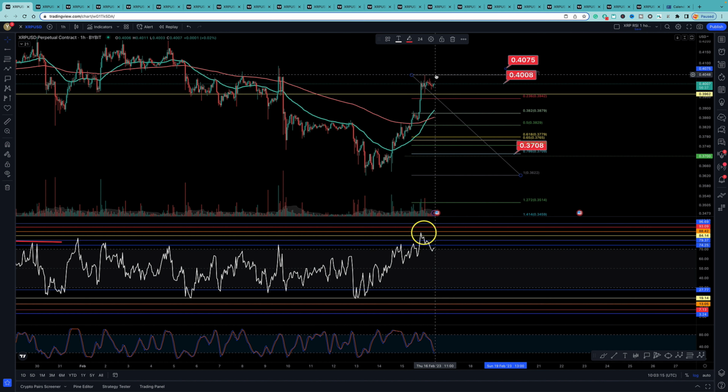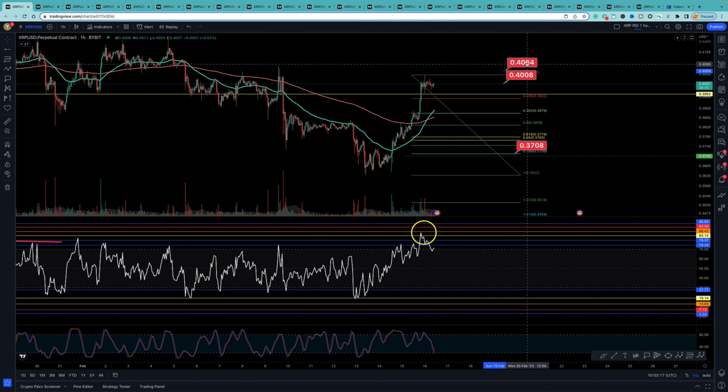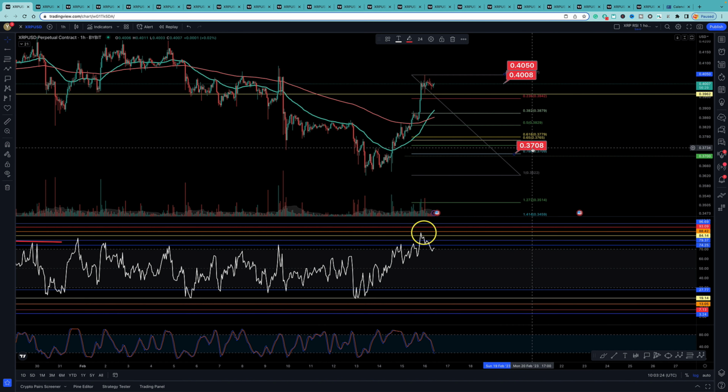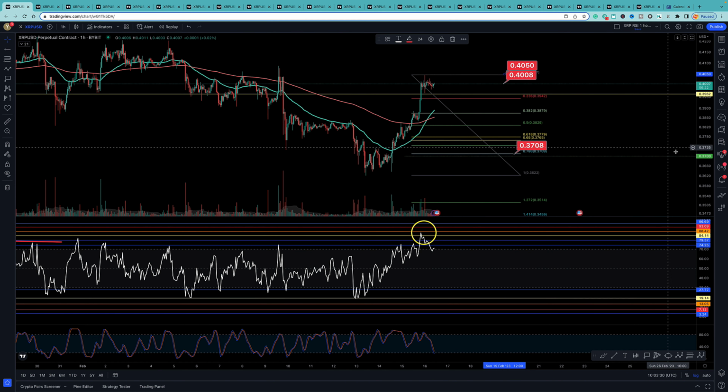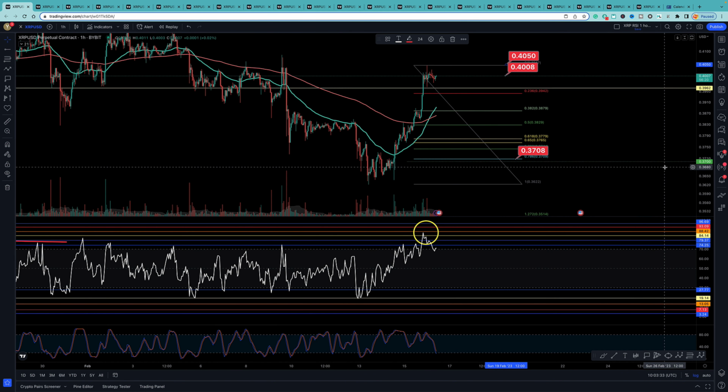Stop loss at, I'd say, 40.50, keep it nice and tight. And then a target at 37.08. And then after that, I think we're super close to the breakout, yeah.